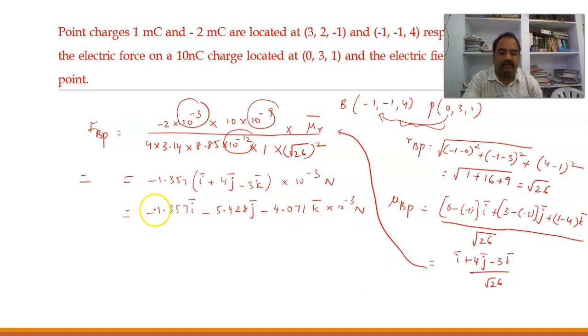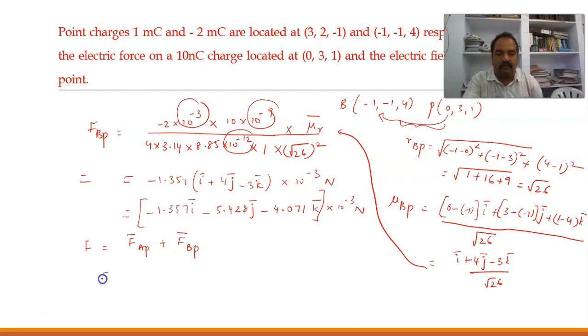So this is the force due to the charge at B on point P. Okay, so now if I want the entire force, F is equal to F_AP plus F_BP.